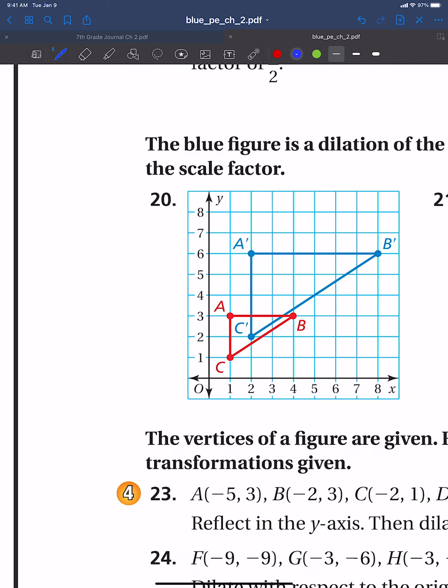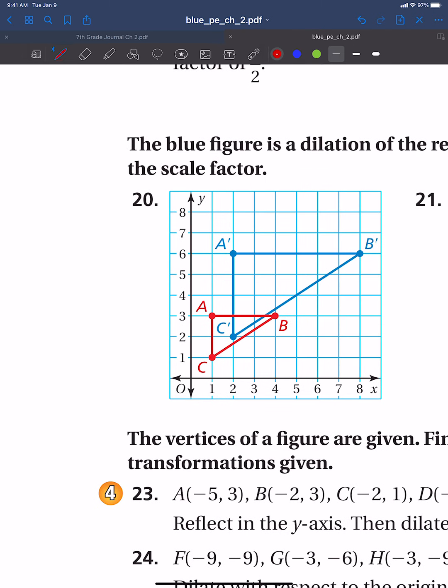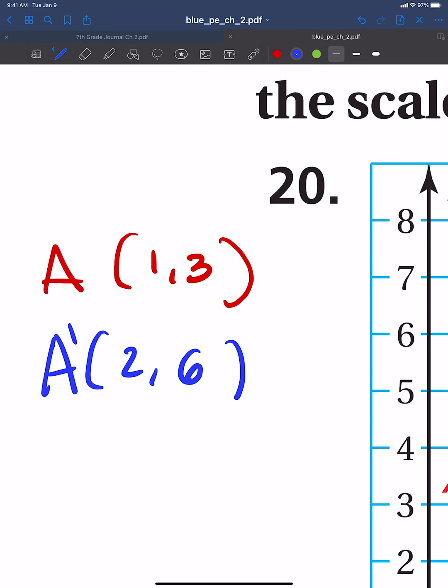Now, to find the scale factor, just pick a point. I'm going to pick A and A prime, okay? And then just compare them. So A is 1, 3. A prime is 2, 6. And I know that it grew, which means I'm going to multiply by a whole number, right? 1 times what gets you 2?